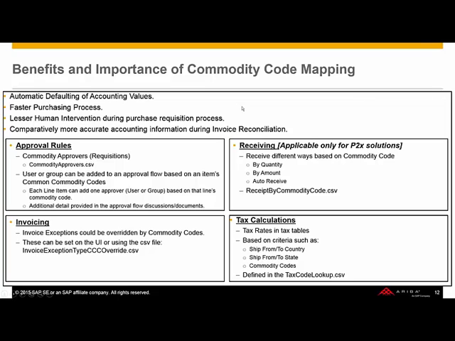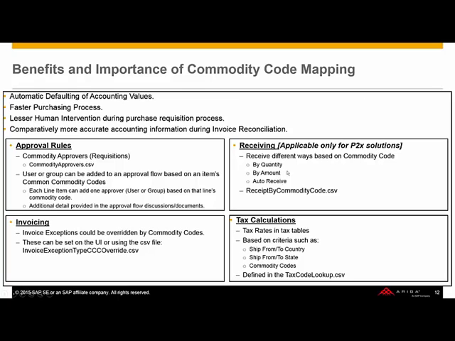As far as the 4 areas we talked about earlier that commodities affect, approval rules, we saw that using the commodity approvers.csv, we can add special approvers based on commodity to the approval flow of any document. The approver can be an individual user or an approval group, and that helps us to automate our approval process.